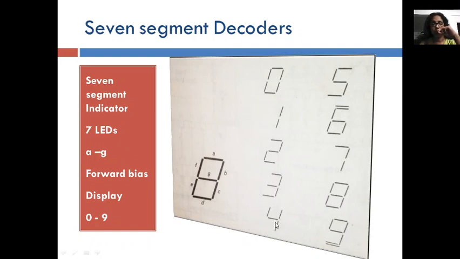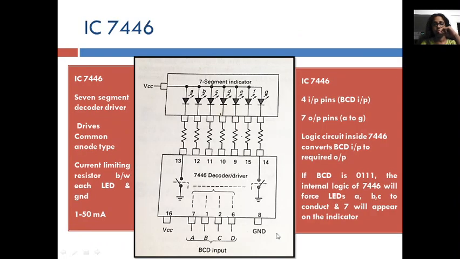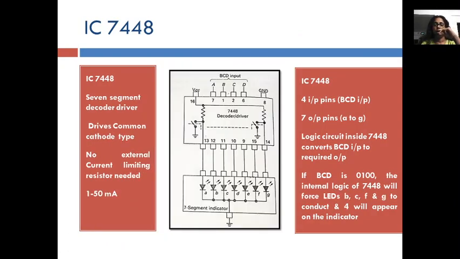F, G, B and C. Got the point? And they will conduct and 4 will appear on the indicator. The same procedure that we had discussed in the last slide. The parts are the IC and the 7 segment indicator. Here the IC is 7448, which is the driver driving the common cathode type 7 segment indicator.